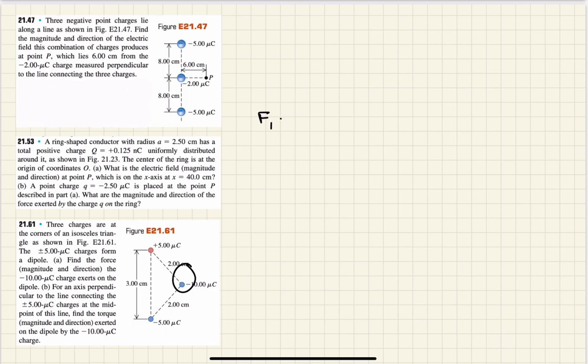So F1 is equal to kQ1Q2 over r squared. k is 8.99 times 10 to the power of 9. Q1 is 5 times 10 to the power of negative 6, because it's 5 microcoulombs. You got 10 times 10 to the negative 6, and you got 0.02 meters as your distance between them. So that's going to be 1.124 times 10 to the power of 3 newtons.